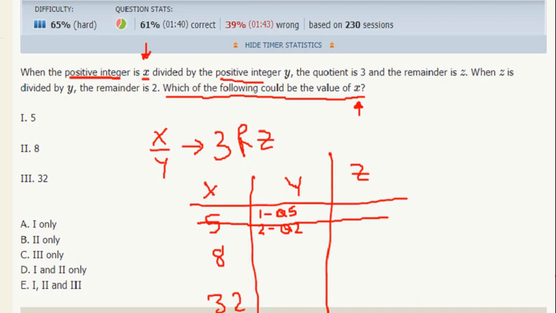And we'll see that the same thing happens with 8. If we divide by 1, we get a quotient of 8. If we divide by 2, we get a quotient of 4. And if we divide by 3, we get a quotient of 2.